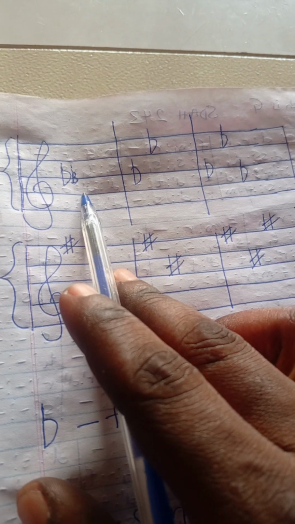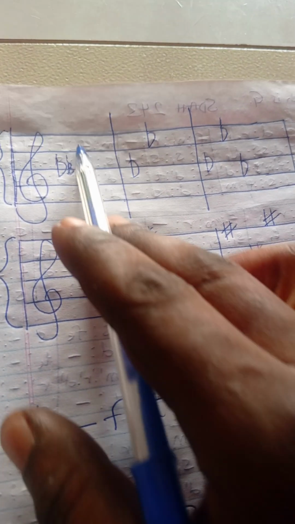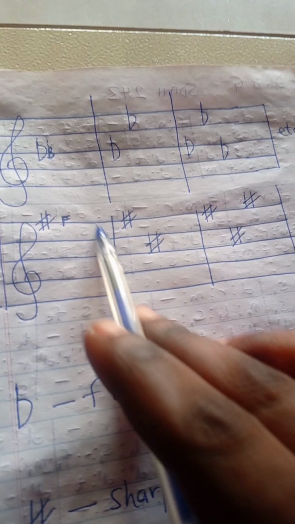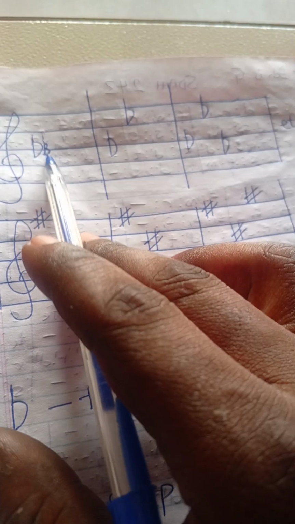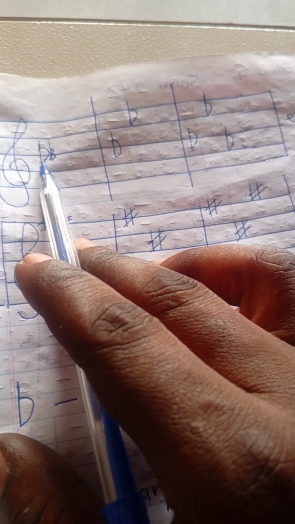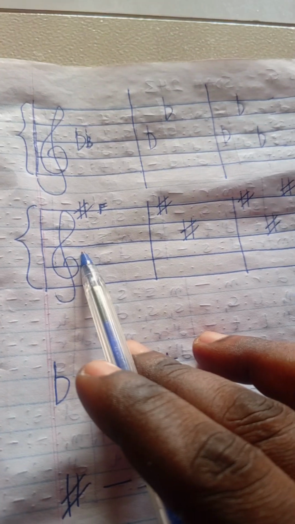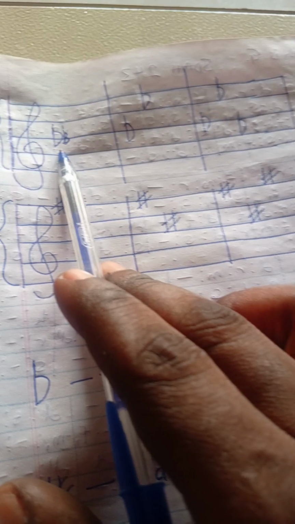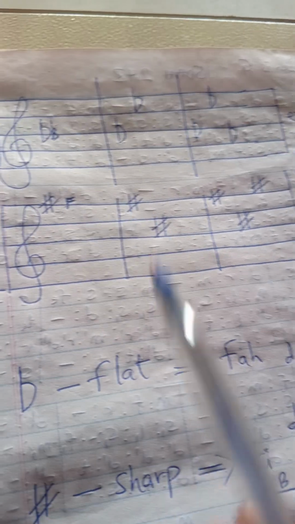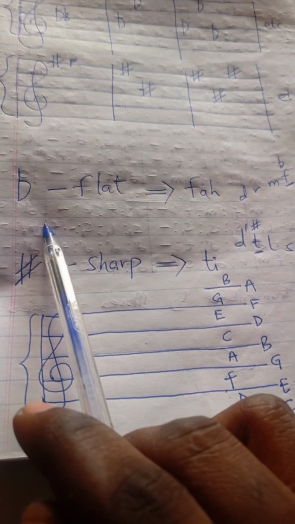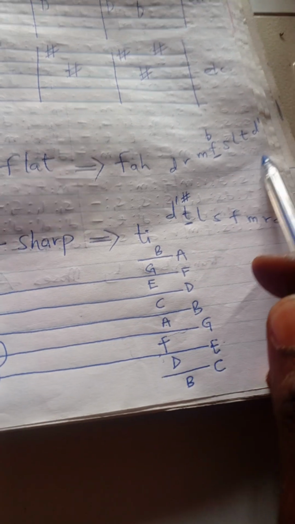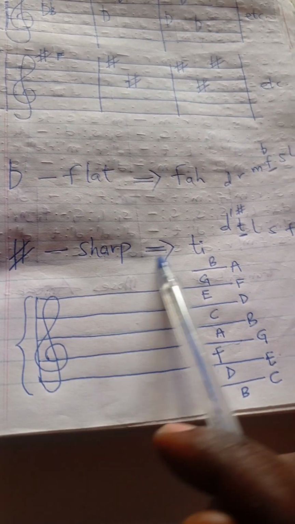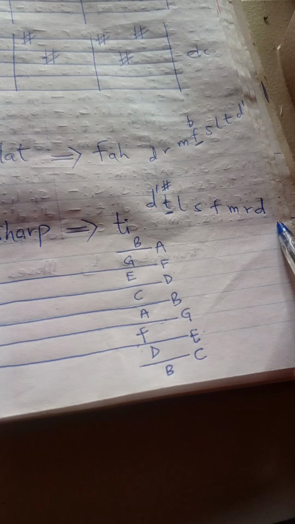Whenever you have any score and you are going to determine the key signature of that score, check whether you have flat signs or sharp signs at the very beginning of the score. If you have only one flat sign, look at what I've written here. I said the flat sign represents fa on the scale, and the sharp sign represents ti on the scale.